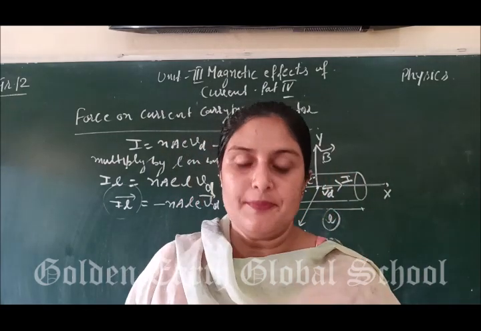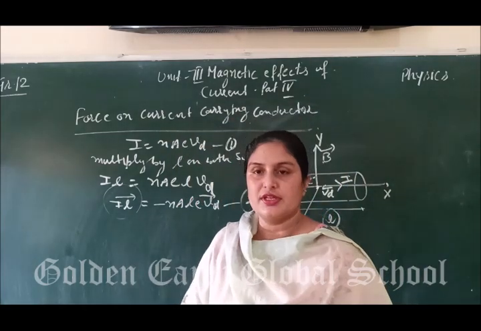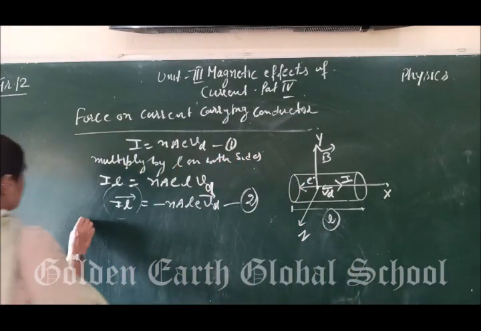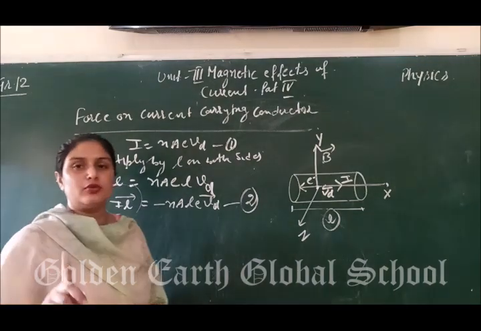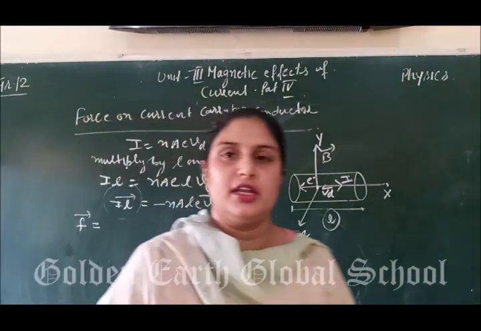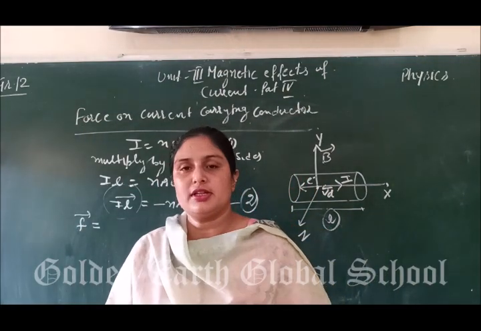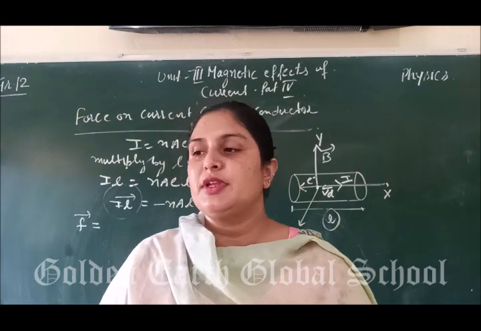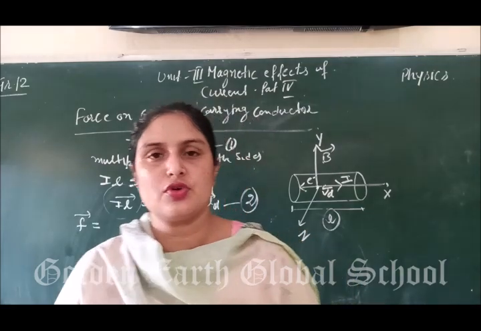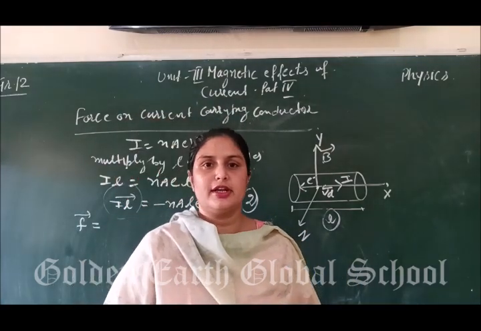Now what about the force? Let us suppose small f is the force experienced by one electron placed inside the magnetic field. We discussed in the last chapter that when a charged particle is placed inside the magnetic field, it experiences a force, called the magnetic Lorentz force.